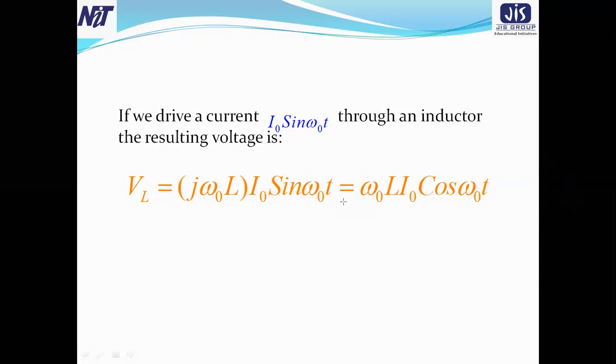So omega 0 L I0 cos omega 0 t. This j is actually changing sin omega 0 t to cos omega 0 t.